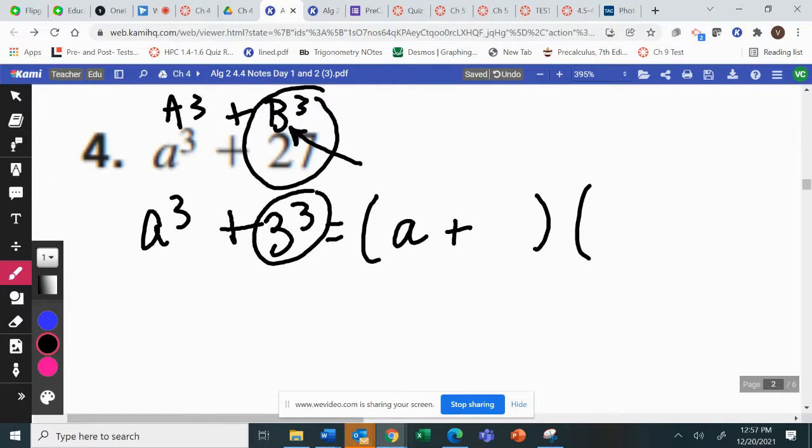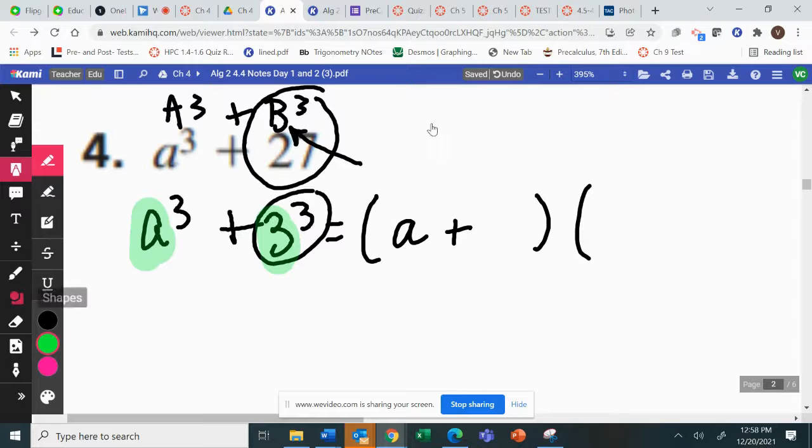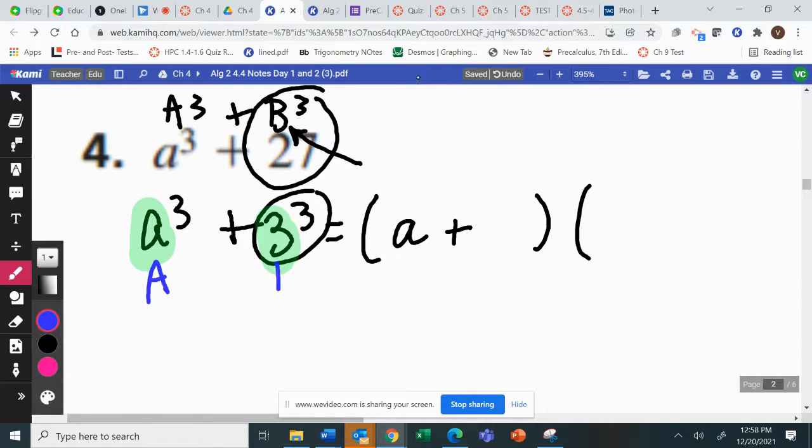What's just B? Here's A, here's B. You see with my colors what I did now? So B is just 3 all by itself. So as soon as you write it as A cubed plus B cubed, you're only looking at what is cubed for A and B.